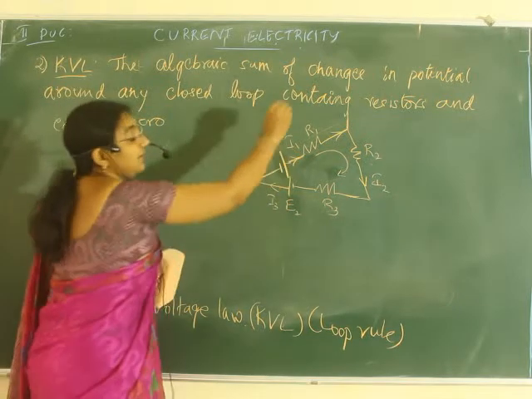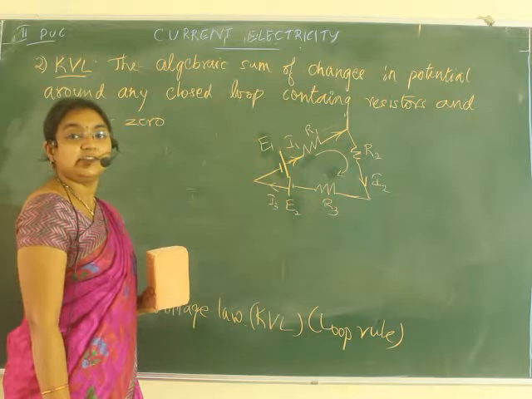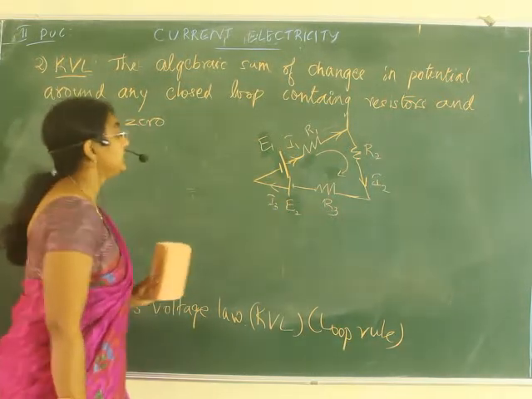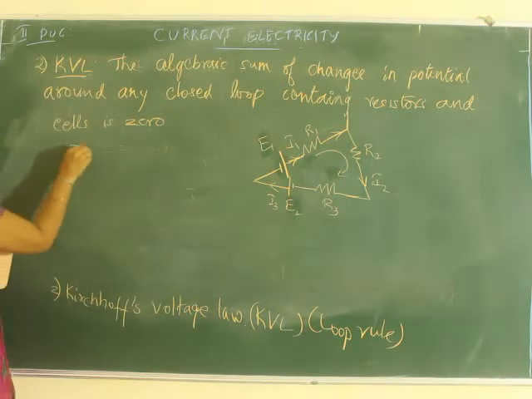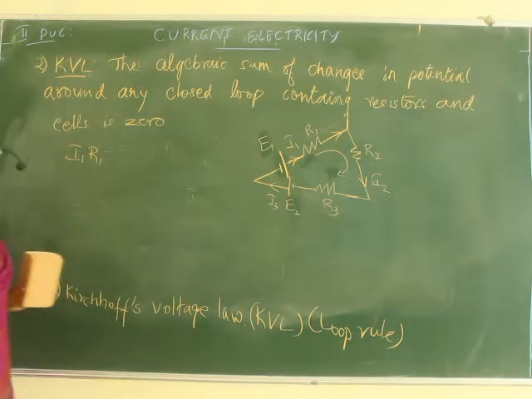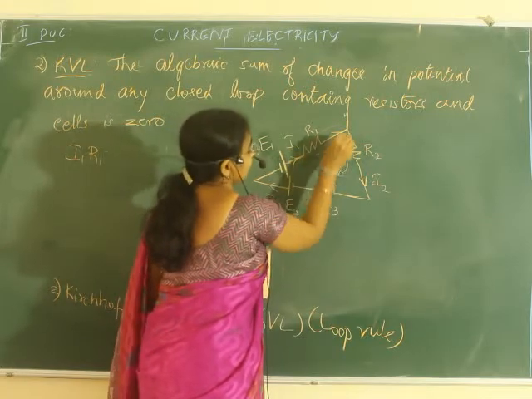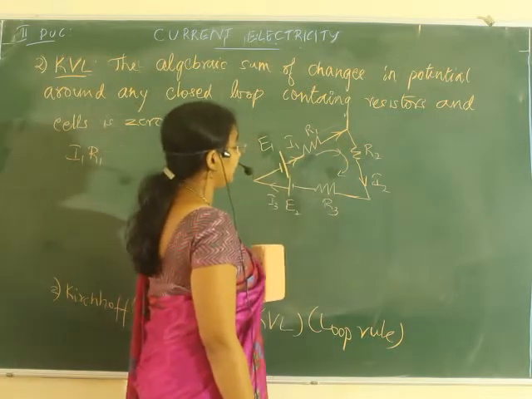I1, R1. Here we have to speak about the potential itself. We will not speak in terms of current. So how can I write? I1, R1. It is in the same direction. See, this is like this. So this is also same direction. So I1, R1.